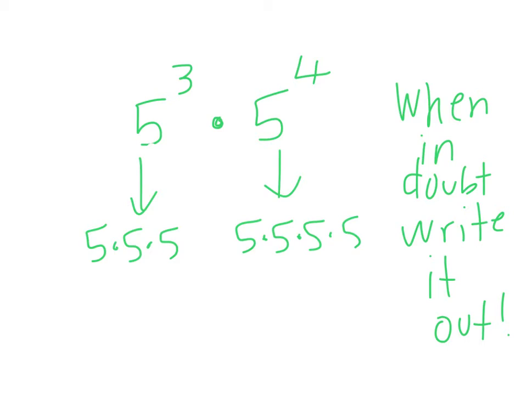How many times is it being used? 1, 2, 3, 4, 5, 6, 7. So the answer, simplified, is 5 to the 7th power. And we have a rule for this. Remember the rule? The rule is add the exponents.